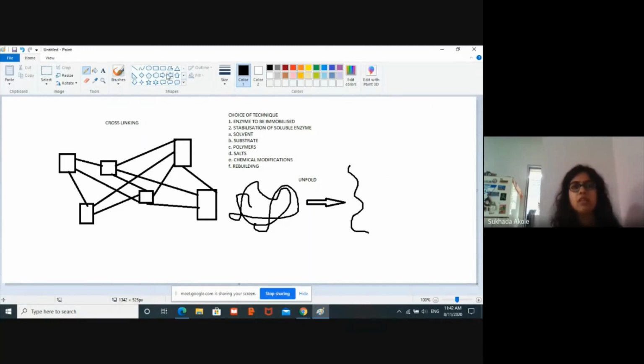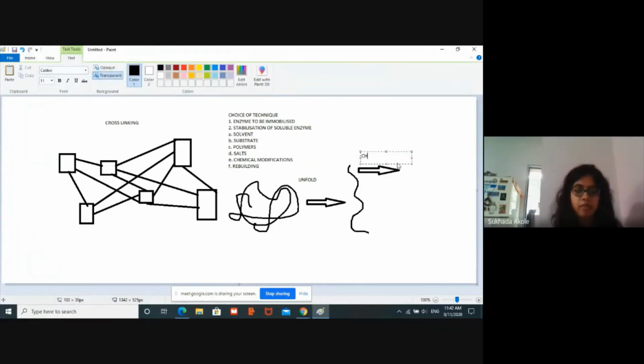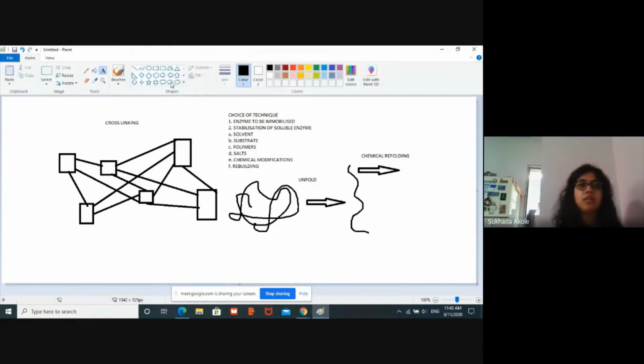Now there are various ways in which we can rebuild a molecule. So let us look at all the different ways by which we can rebuild the molecule. The first and the simplest way is by chemical rebonding, or chemical refolding. In chemical refolding, instead of the molecule looking like this, I will make it something like this, add certain chemicals and form bonds.